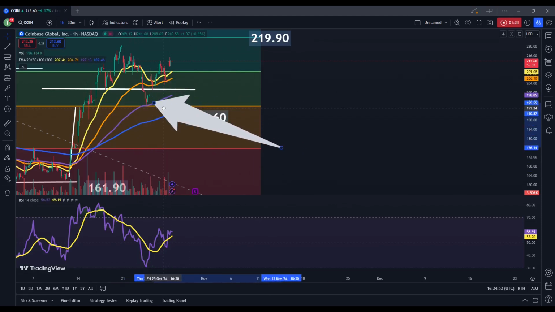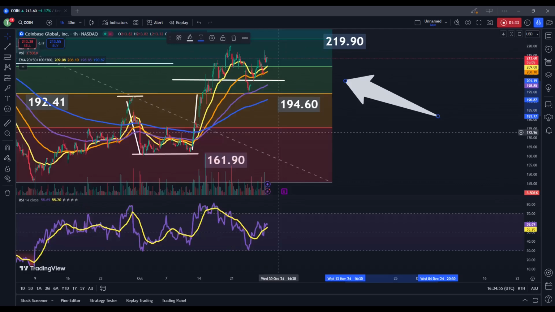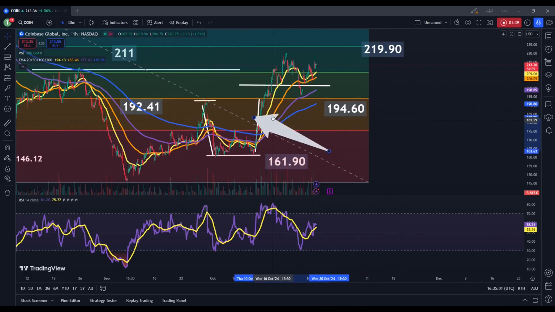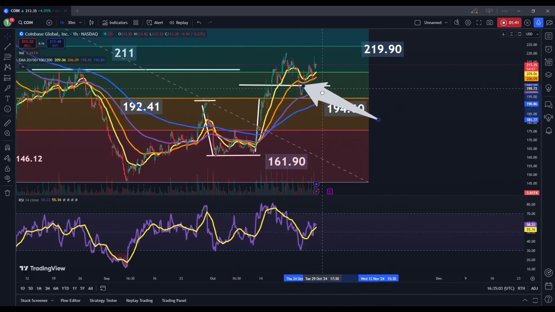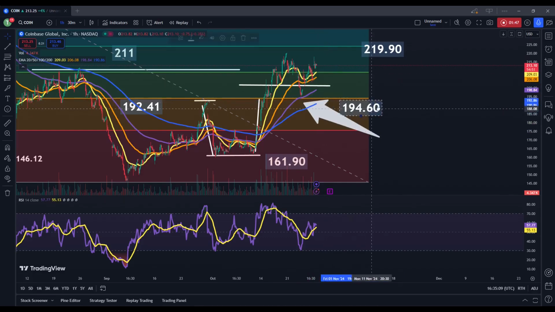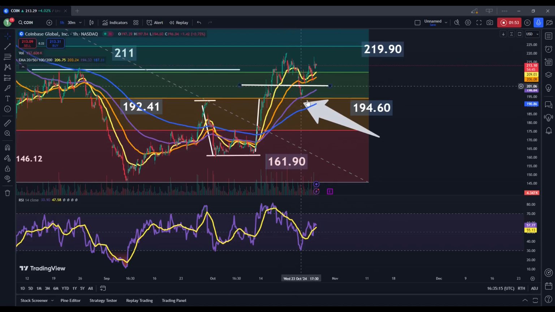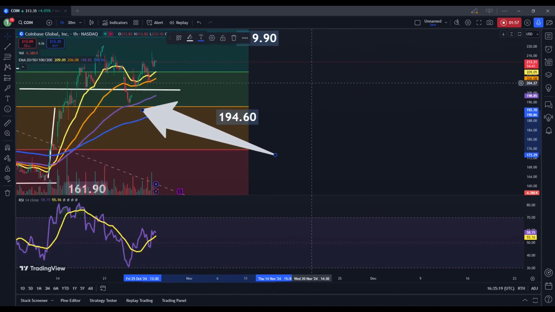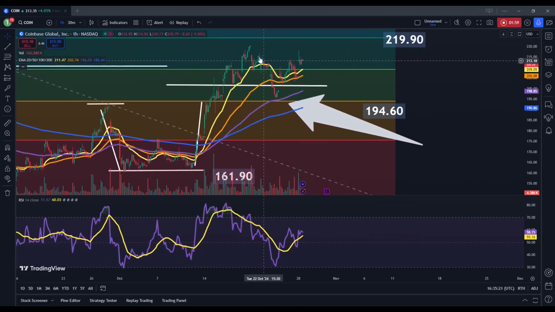We're also bouncing off of a prior Fibonacci retracement level, which is important because if initially these levels are working as resistance levels, once they're retested from the top side, they can start to work as support as well. So this is what has occurred here, and now the major level to watch to the downside comes in just below 195. Share prices did see a fairly strong bounce from here.